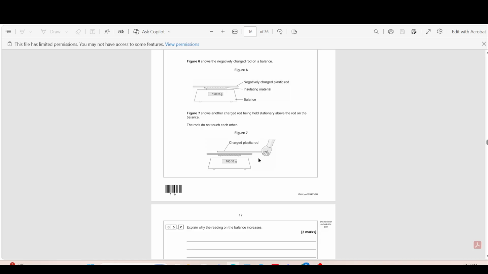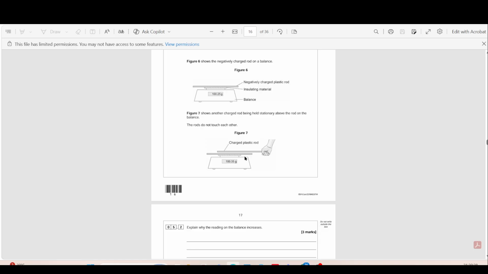Both plastic rods are negatively charged, and we know like charges repel, right? So the rod which is held in the hand will exert a downward force on the rod resting on the balance. This downward force is an electrostatic force.